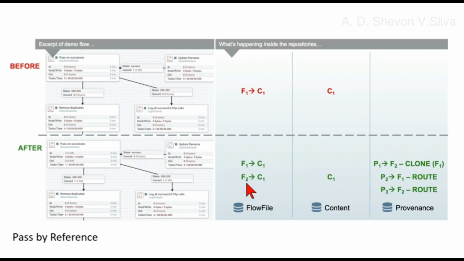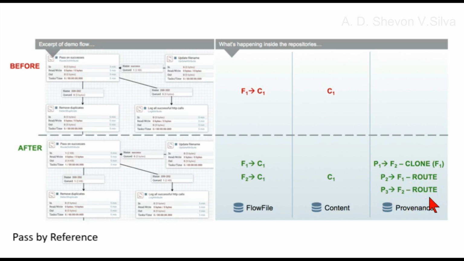The flow files are then added to the respective connection queue to wait for the next processor to retrieve them. The provenance reported documents the change that occurred, which includes the clone and two route events.